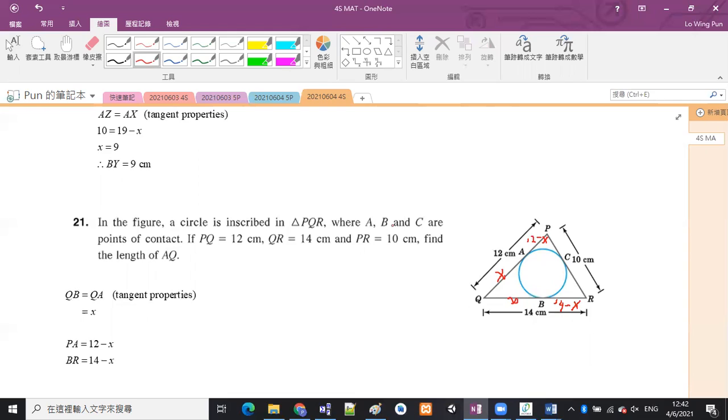And for the same reason, RC should be equal to RB, right?